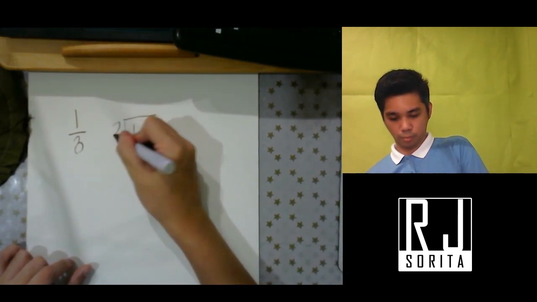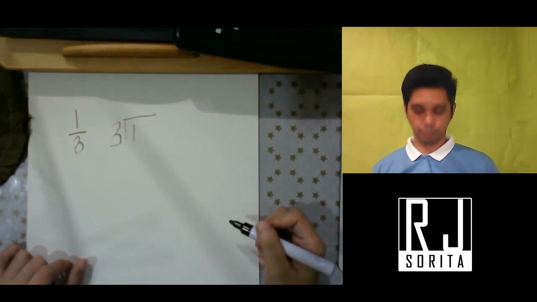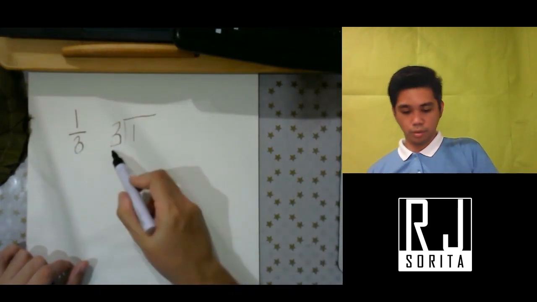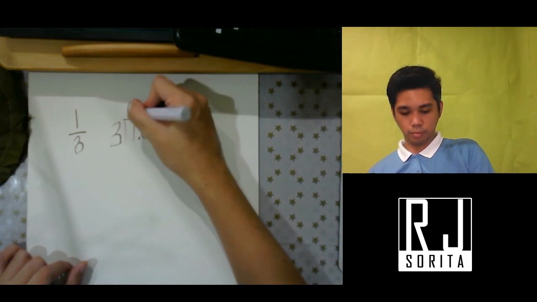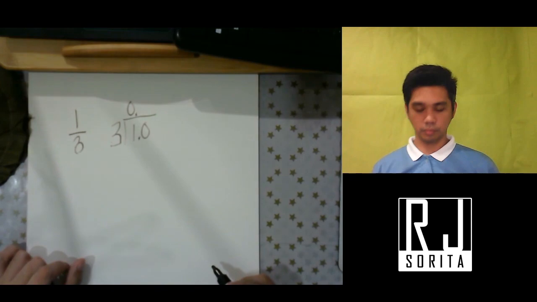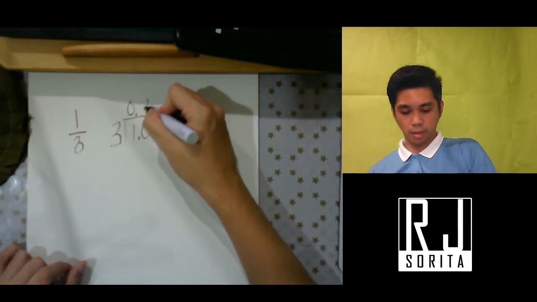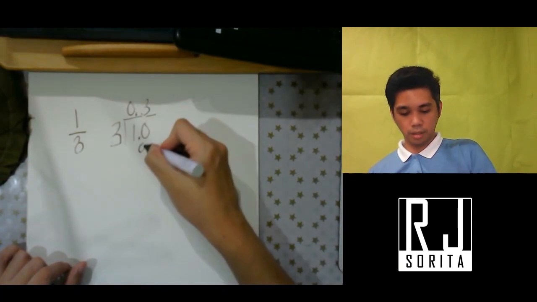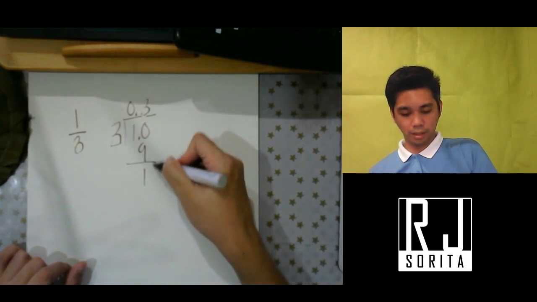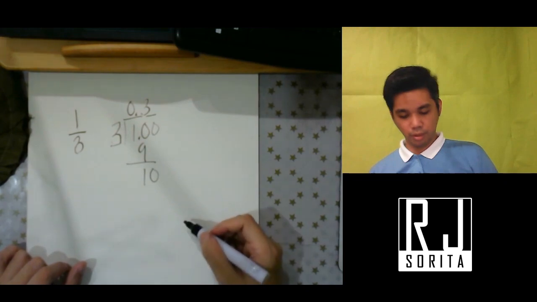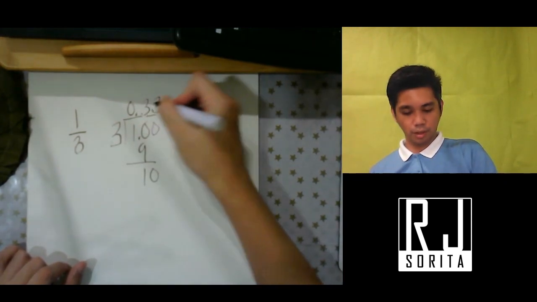So since you cannot divide that, we add another 0. So this one is divisible by 3. 3 times 3 is 9. We subtract, we get 1. We add another 0. So again, 3.